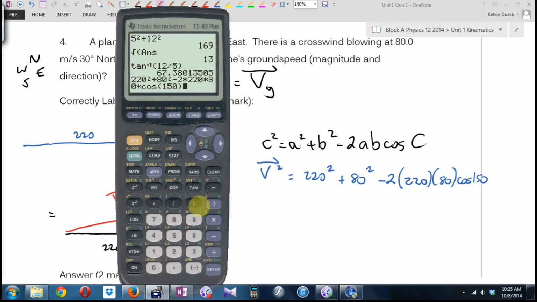Any typos? 220 squared, 80 squared, 220, 80 cos. I think I'm good. Square root.